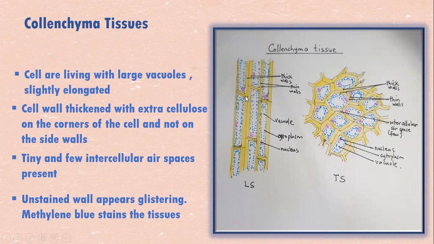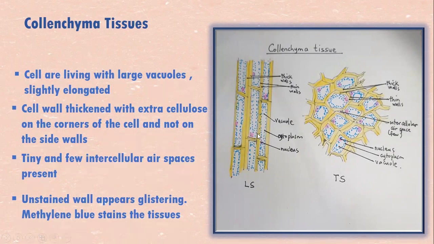So in this LS, this wall is thickened, and this wall is thin. So there is extra cellulose on their radial walls. In the TS, this area is thickened and this area is thin. Now, collenchyma tissue has very few intercellular spaces, all right?